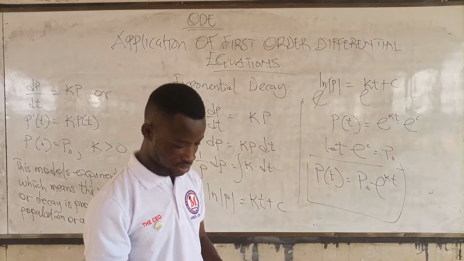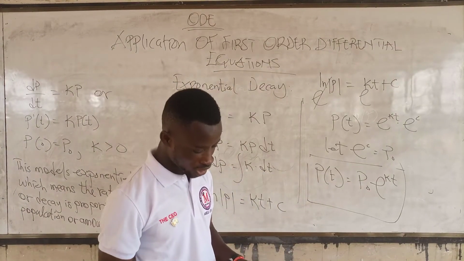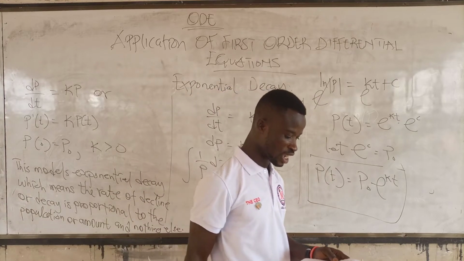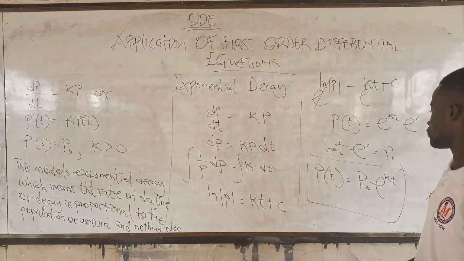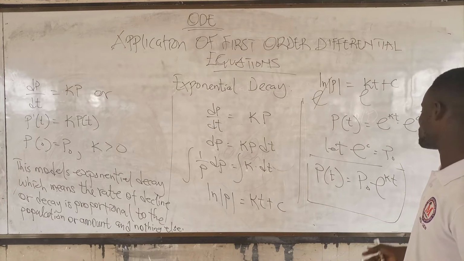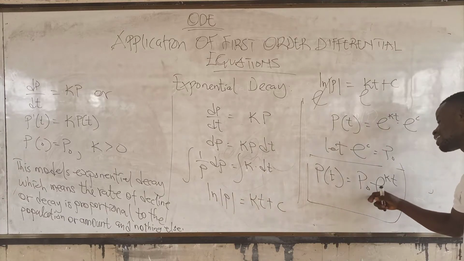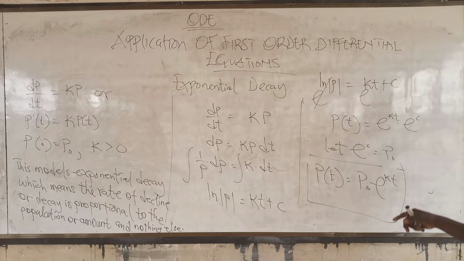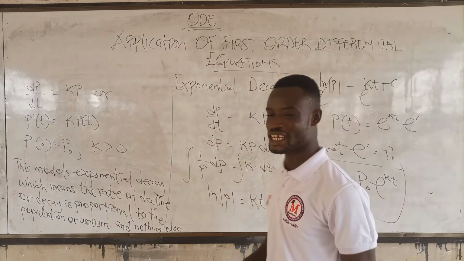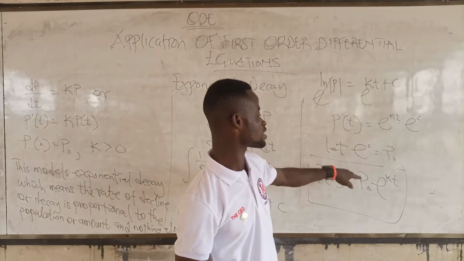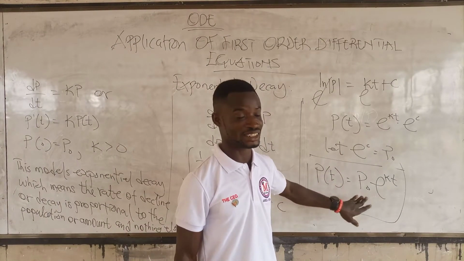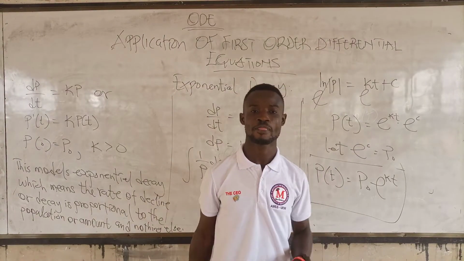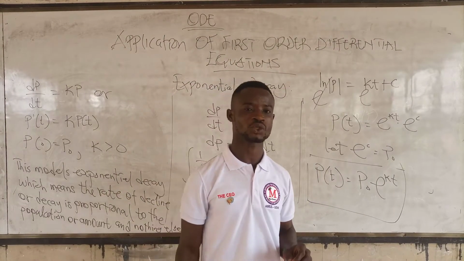Family members, that is it. This shows the differential equation. This shows the general solution. Since we didn't leave it with the constant, now it's including the initial condition.